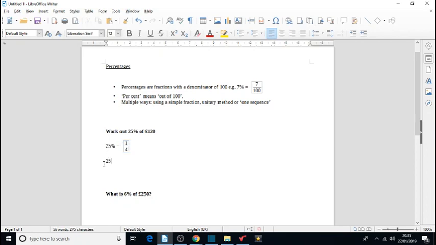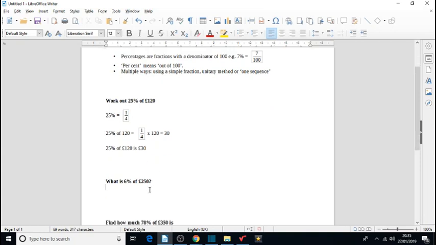So 25% of 120 is equal to a quarter multiplied by 120. It's the same as 120 divided by 4. And therefore you get 30. So 25% of 120 is equal to £30.